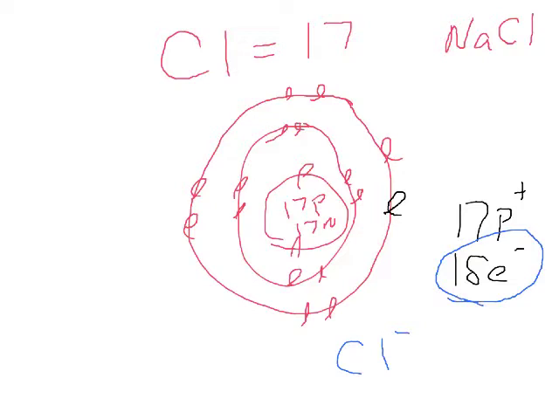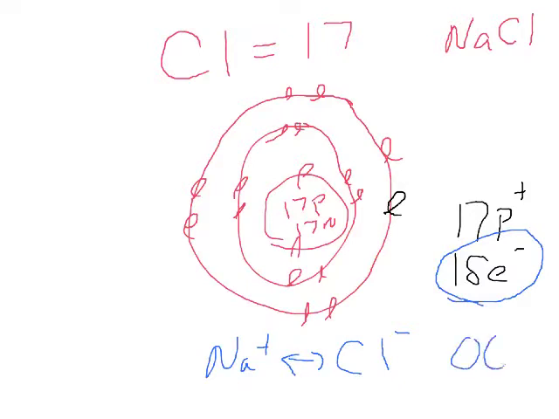You could have 2 if it gained 2 electrons, which is possible, and elements can lose 2 electrons. But the outer shell for this would have that extra electron in it. So now, because this is negatively charged and sodium is positively charged, they are attracted to each other.